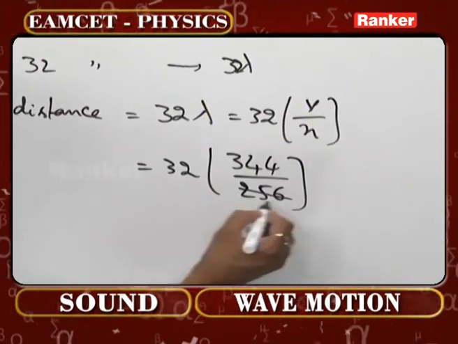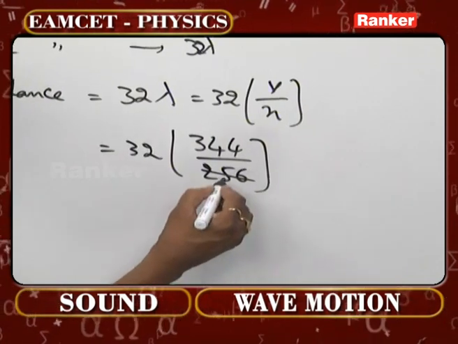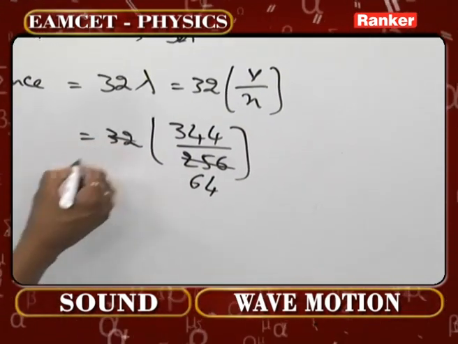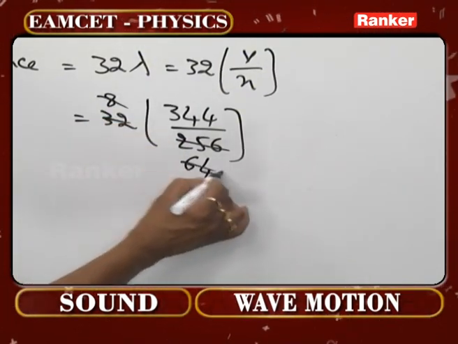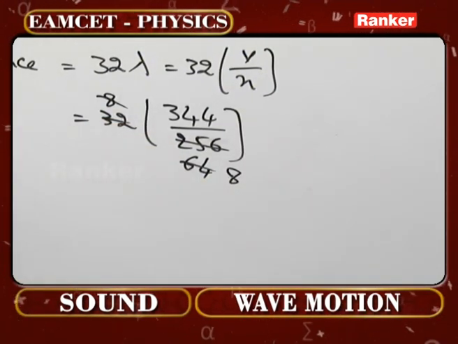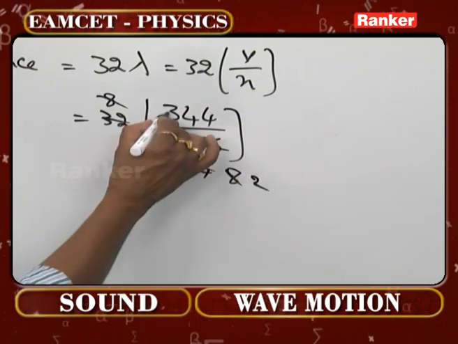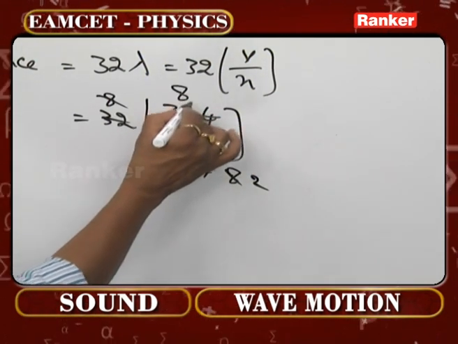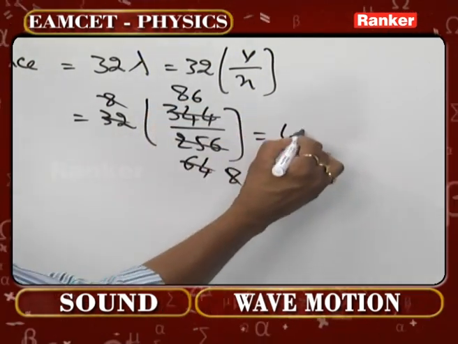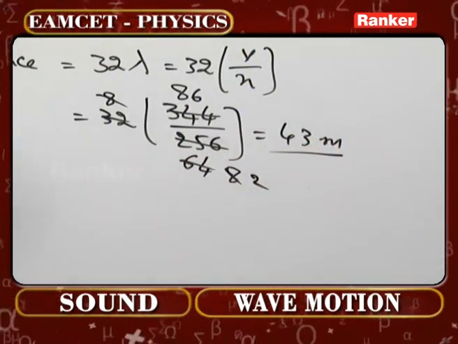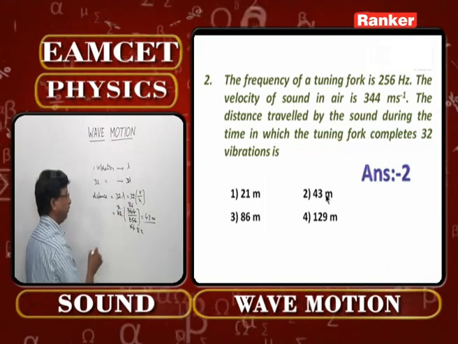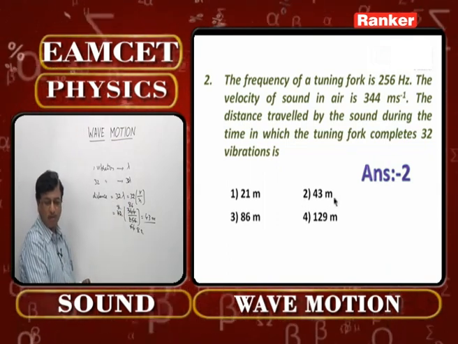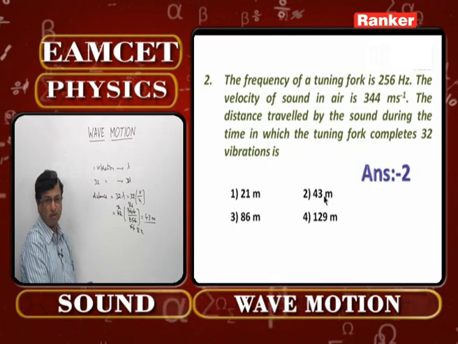You can cut 4 over here, 8 times. Now here also you can cut 4, 8 times, and this goes exactly 8 times once again. So you can once again cut 2 times 4. So what will be the value? 43 meters is going to be the total distance traveled. In that sense we can say the second option is going to be correct for this particular question.